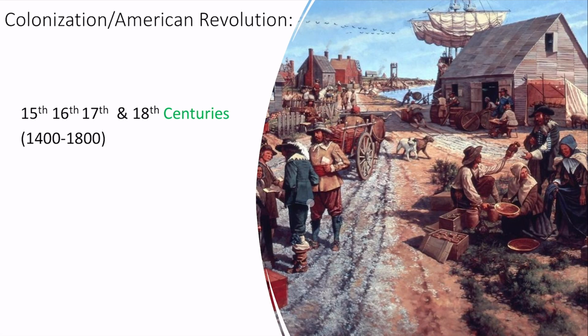Now remember, here is what we are talking about today. Our theme, our subject, is the colonization of North America and the American Revolution. So remember, we are talking about the 15th, 16th, 17th, and 18th centuries all together. And this time includes roughly around 300 to 400 years.